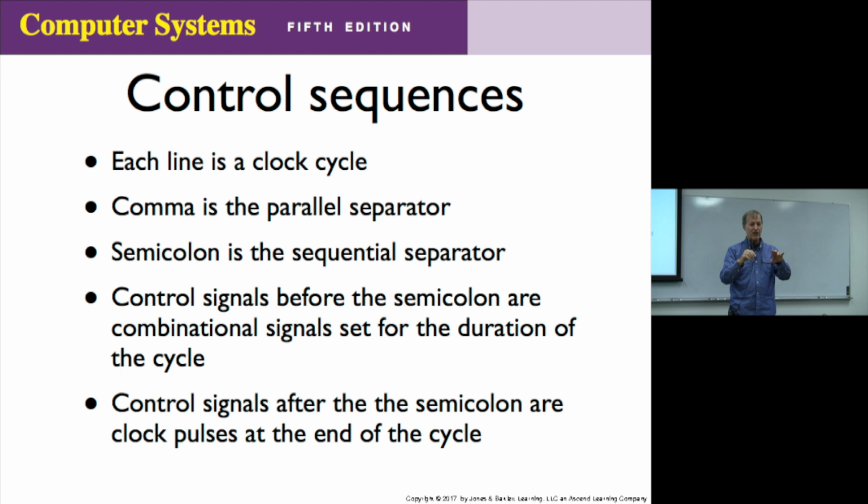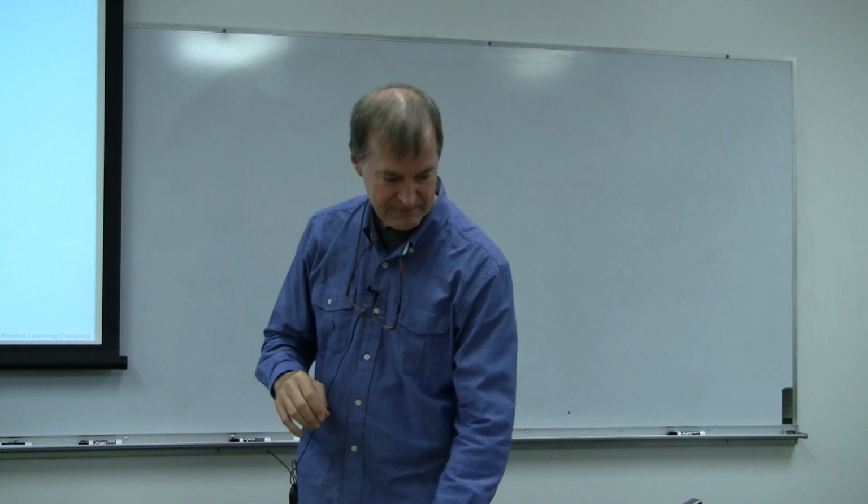For example, the ALU is a combinational device, not a sequential device. So just a few gate delays, and then after all those gate delays, the data is at the entrance of the sequential circuit that we want to clock it into. And then the control signals after the semicolon are the clock pulses at the end of the cycle. Are you with me on that?